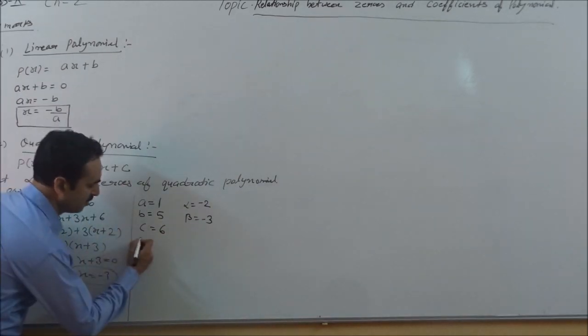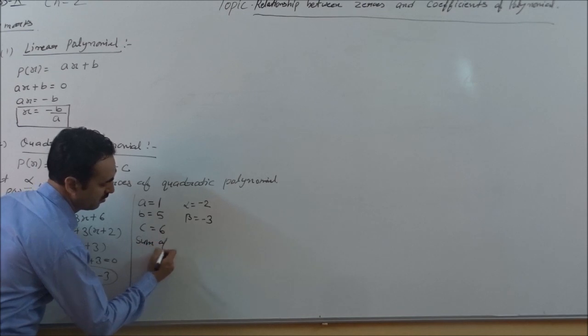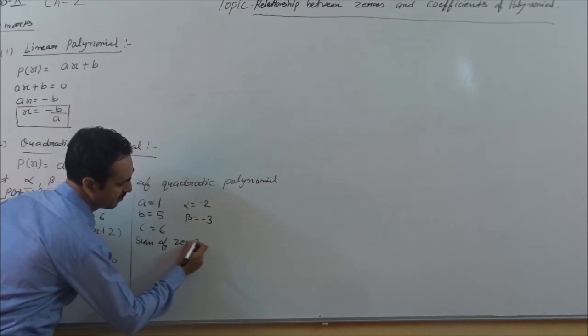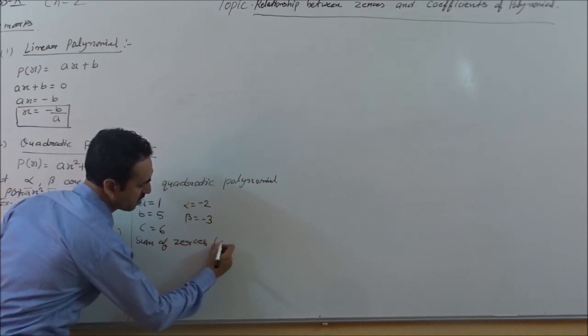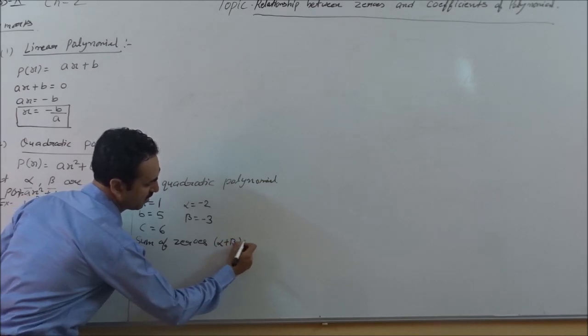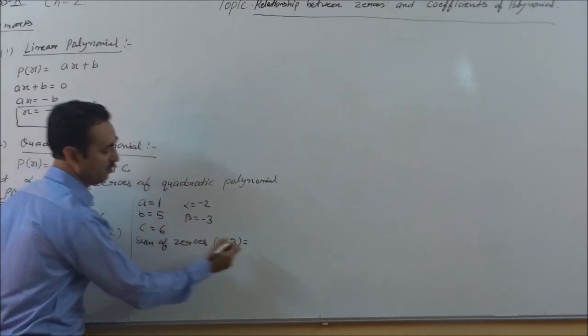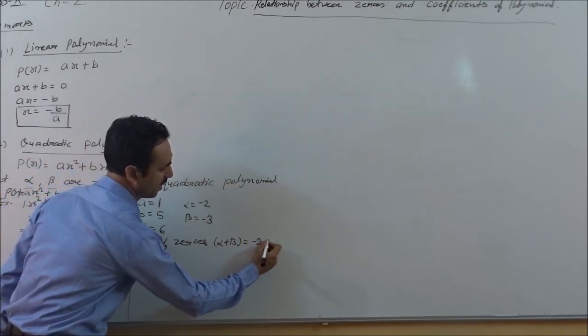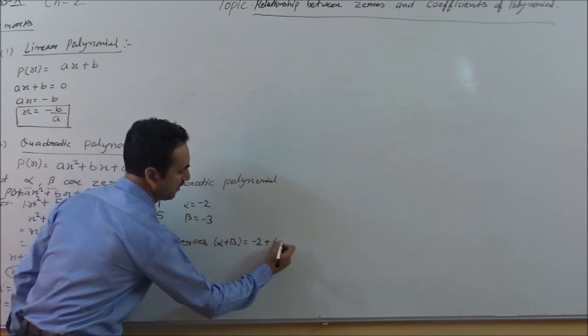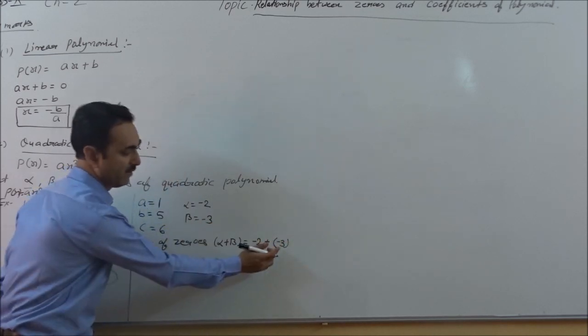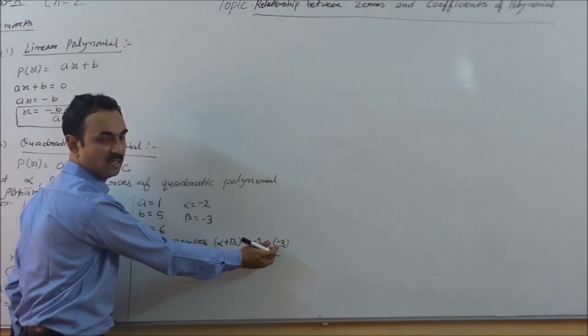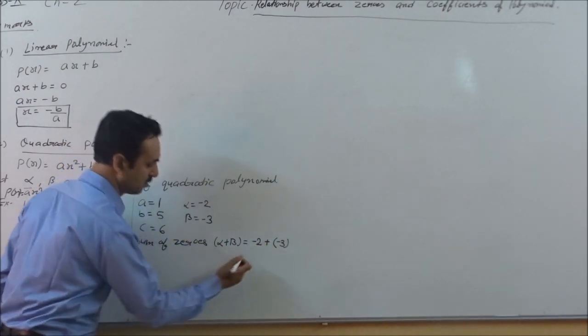First we will find the sum of zeros. Sum of zeros means alpha plus beta equals to. What is the alpha value? Minus 2 plus minus 3. Keep in mind whenever you write a negative integer, you have to use brackets.